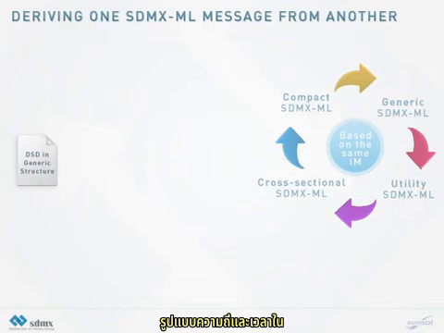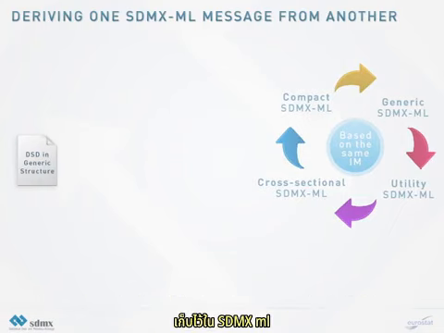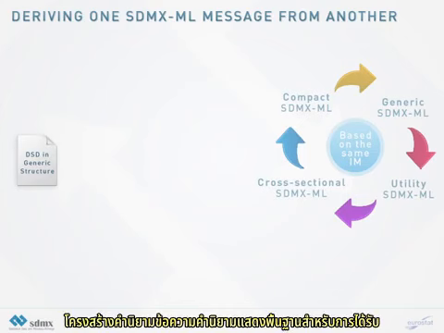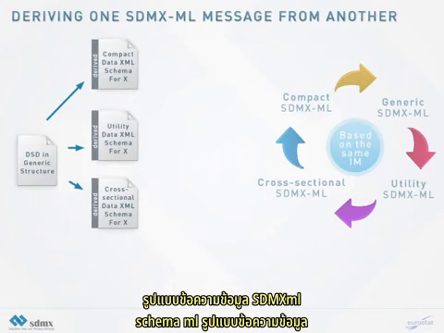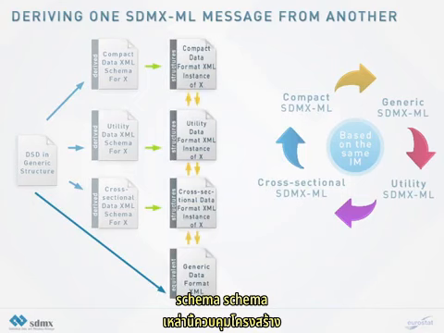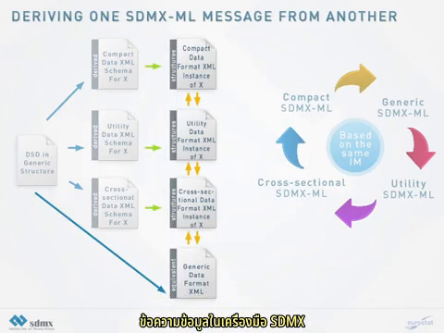The data structure definition, as being stored in the SDMX ML structure definition message, represents the basis for the derived SDMX ML data message format schemas. These schemas rule the structure and content of the underlying SDMX ML data messages in the same format.